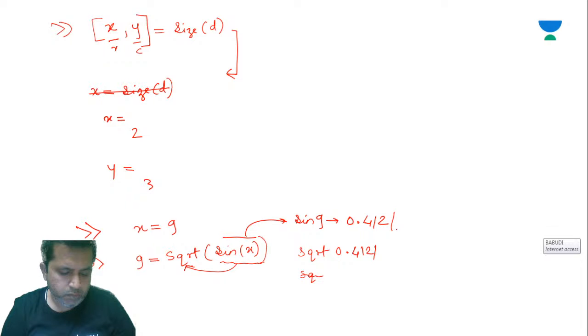Okay, so this is actually in degrees. So I will take sine 9 radian.